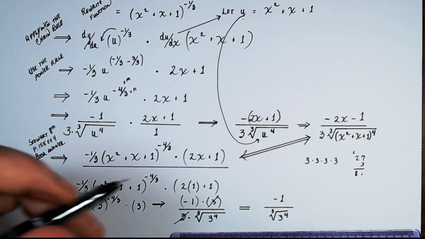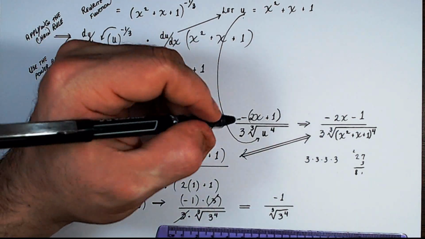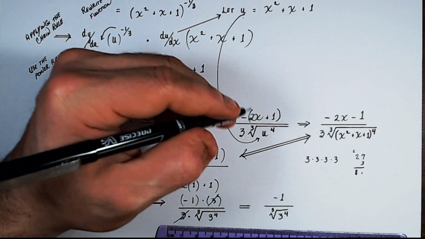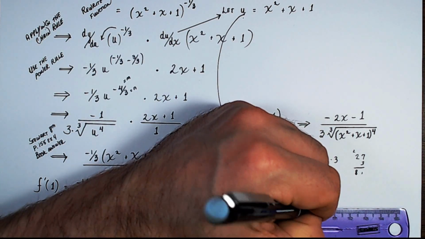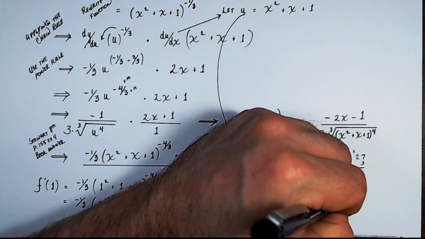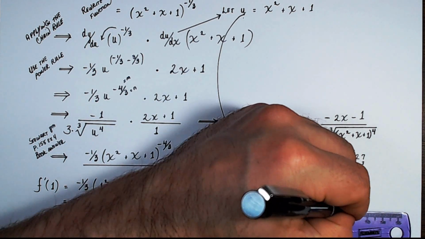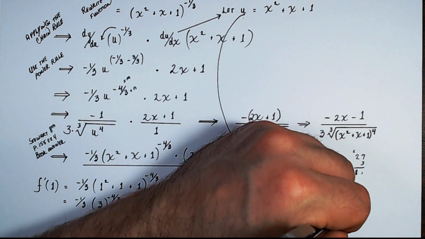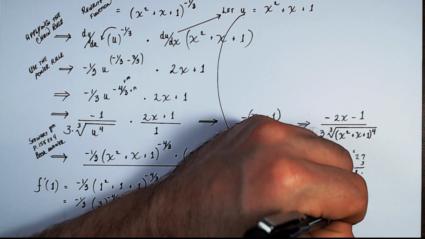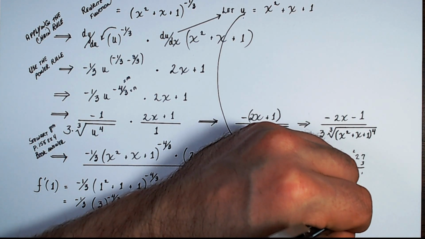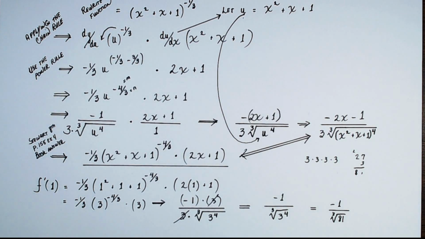So, yeah, that's right. 3 to the 4th power is 81. And so what we're looking for here is negative 1 divided by the cubed root of 81. Okay? What does that equal?